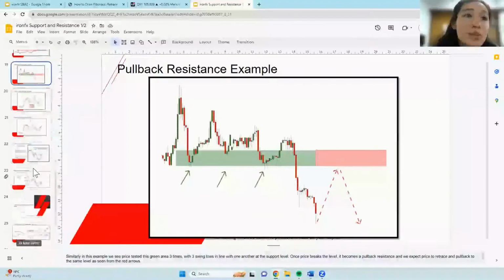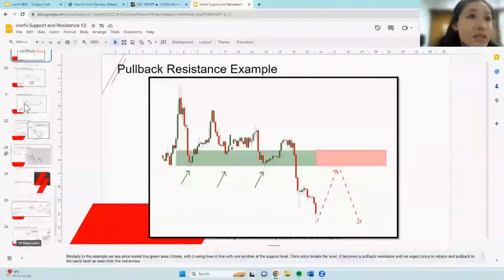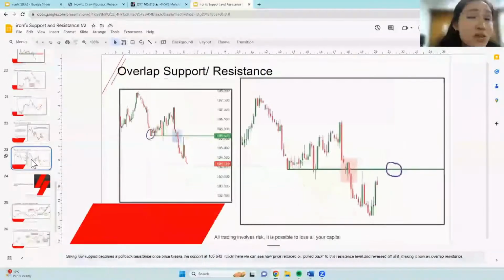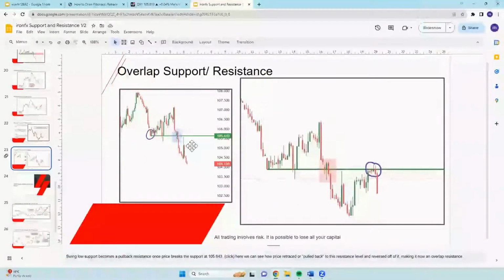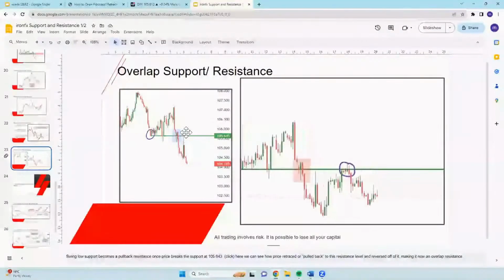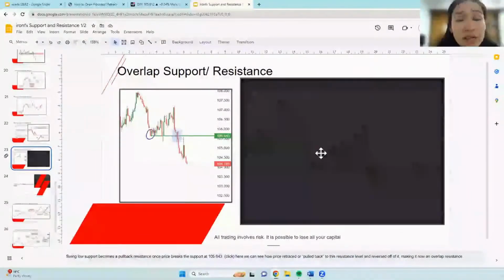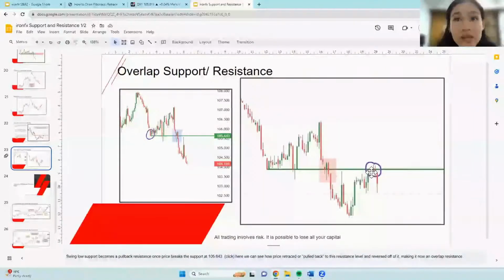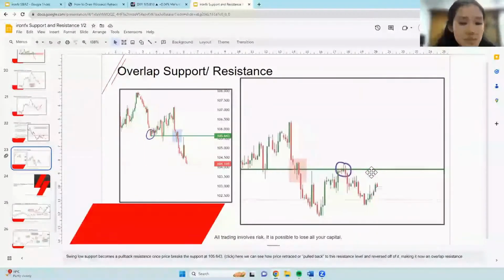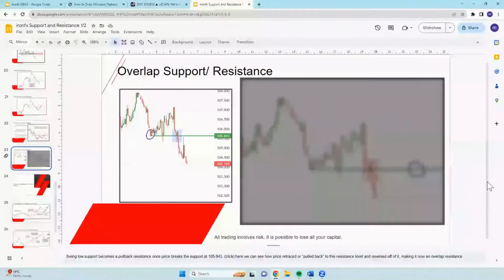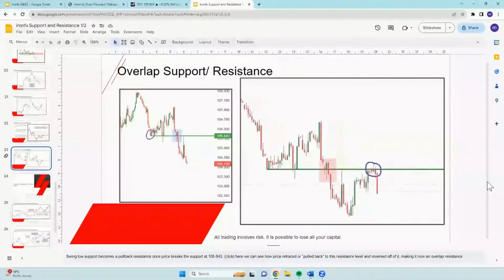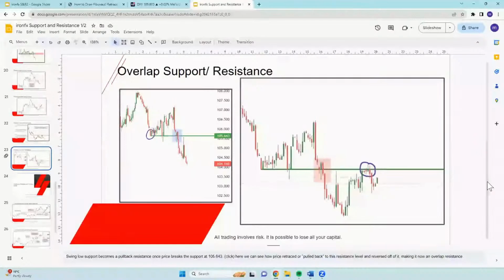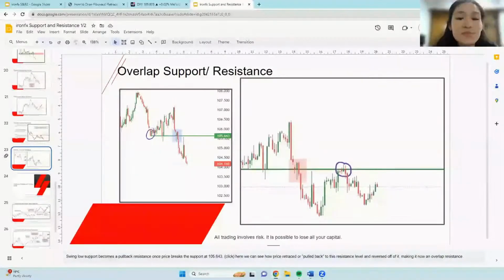Yeah, and then once price reverses back to that, it then becomes an overlap. So like in this example here, it's a pullback, and then if you look at the GIF, once it returns to that level, it becomes an overlap.